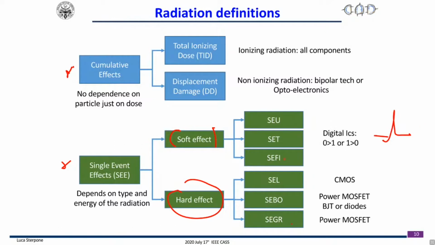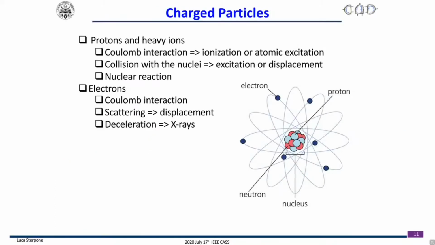Or a higher level effect, which is the single event functional interrupt. This, of course, is induced. So the classification that I made here is at the same level, but actually the single event functional interrupt can be provoked by one of these two phenomena. It means that you classify an error when your application is going to have problems, in terms of transient phenomena. And this means that your functionality is going to be affected.